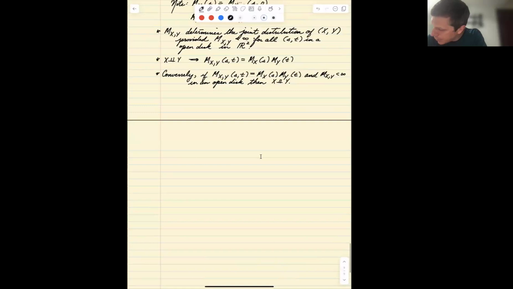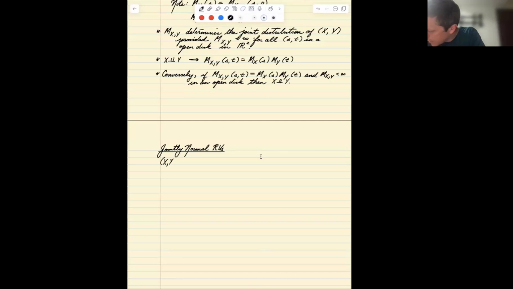So let's see an example of jointly normal random variables. Remember that we've defined this before.